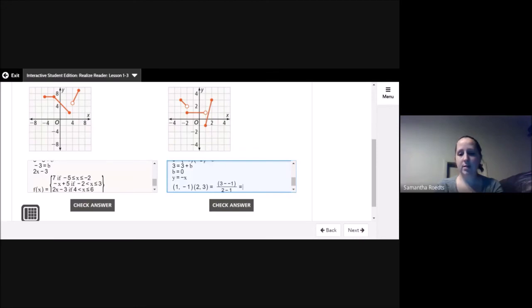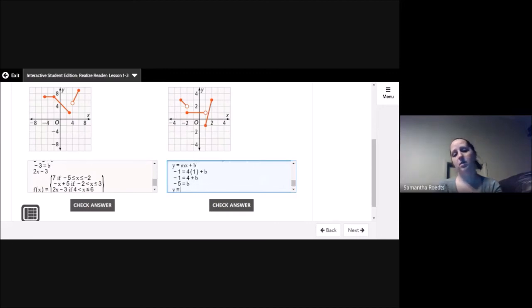So that's 3 plus 1, or 4, over 1, which equals 4. So y equals mx plus b. So I have -1 equals 4 times 1 plus b. So -1 equals 4 plus b. So -5 equals b.